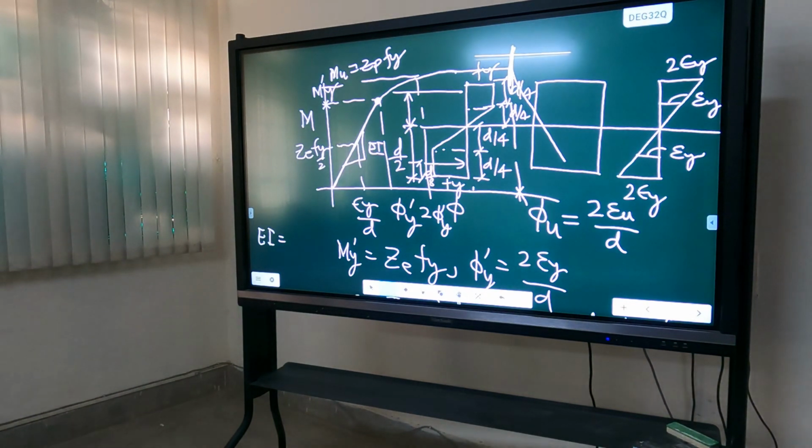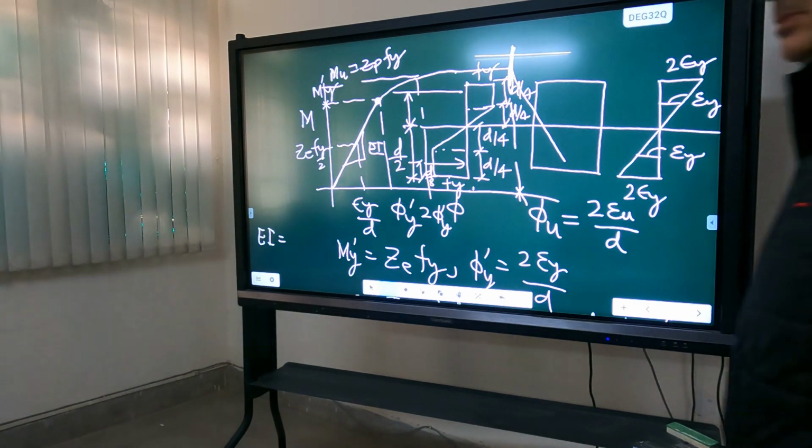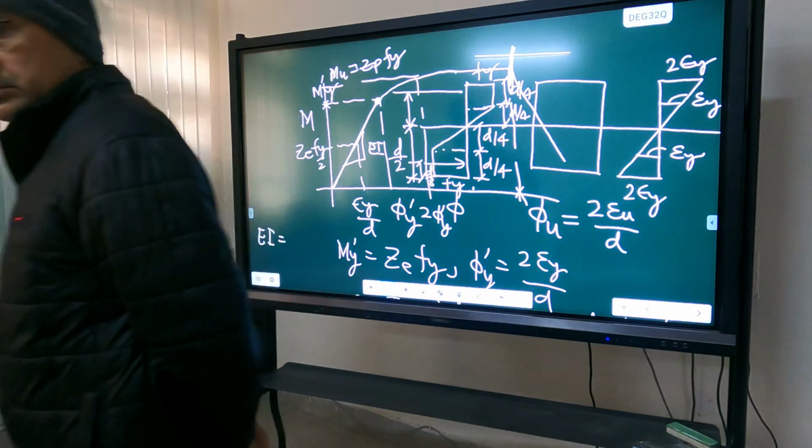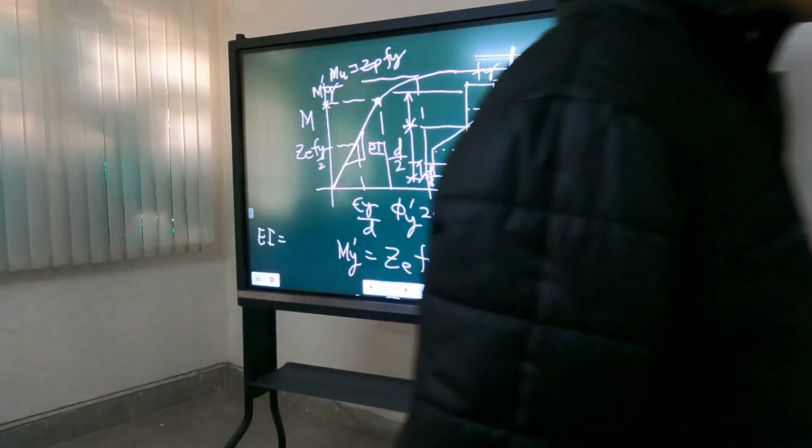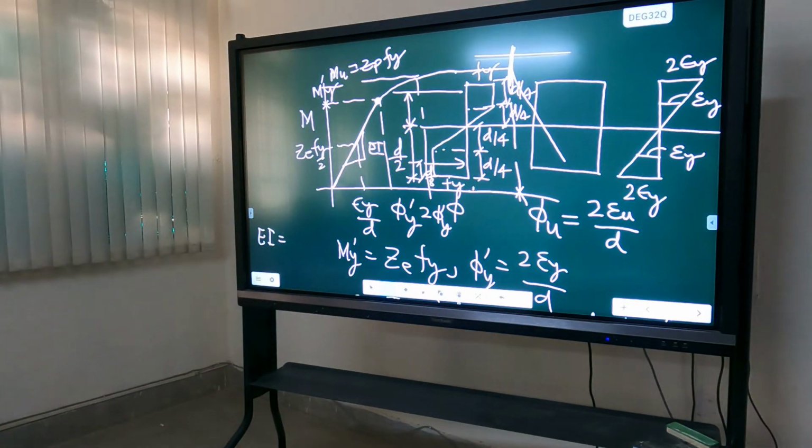So calculate this EI. BD cube by 12 epsilon y.